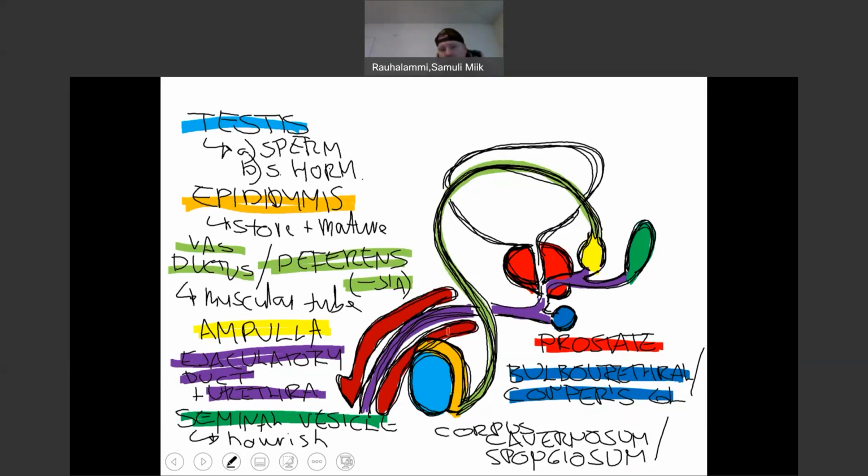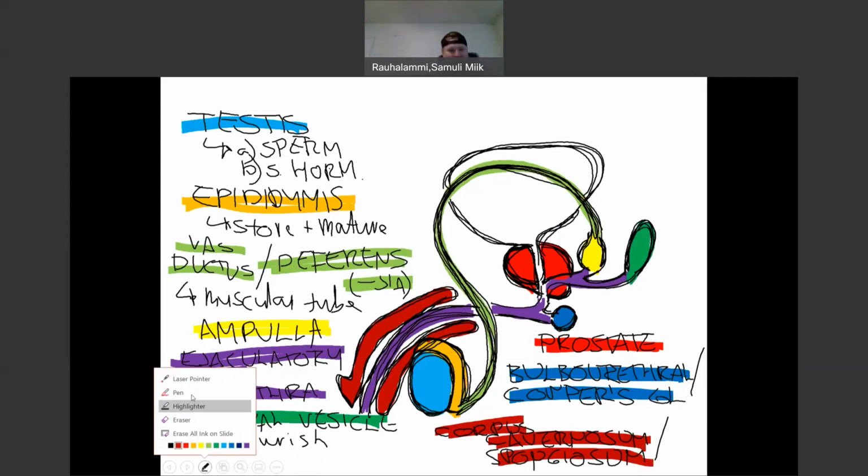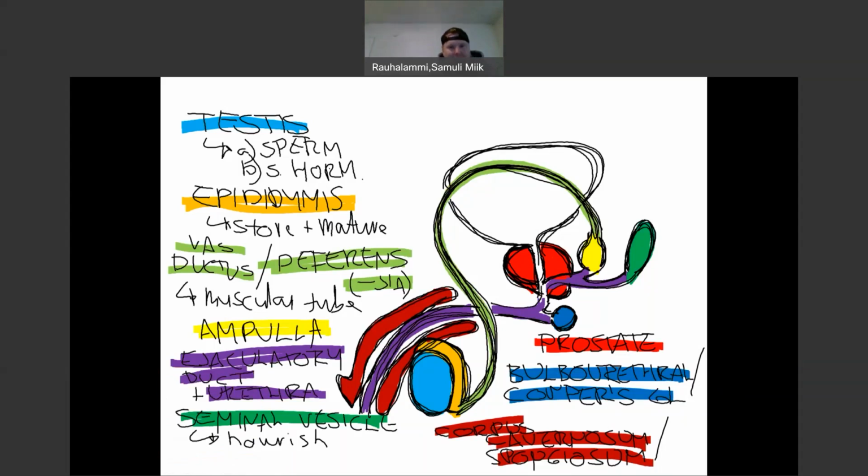And really the function is to enable us to have this insertion of the penis into the vagina. So those are the structures that I had in mind that I wanted to revise as part of the male reproductive system. And we can label that as well to the very top.